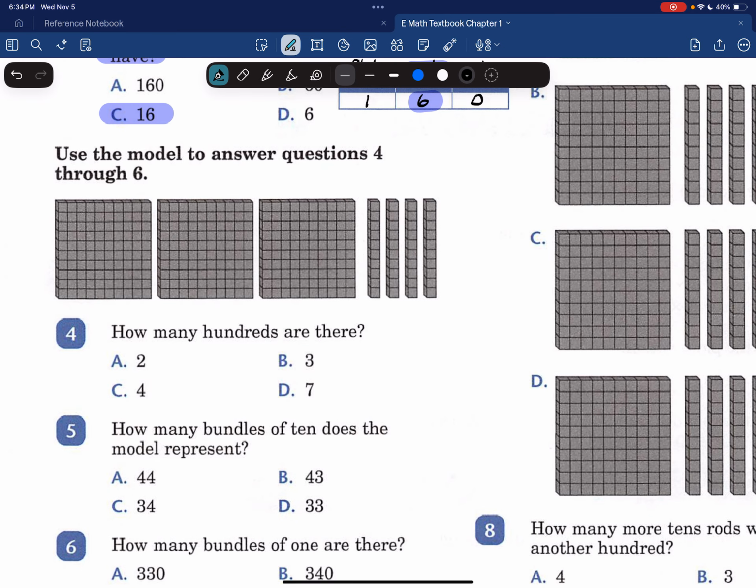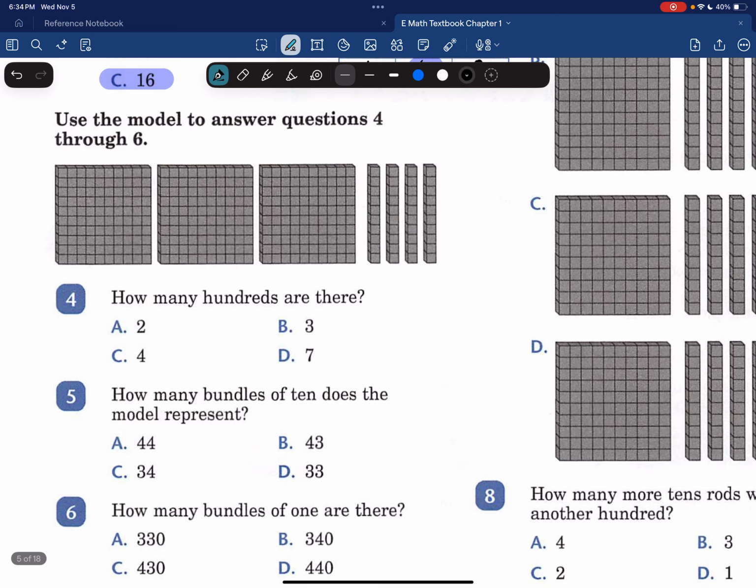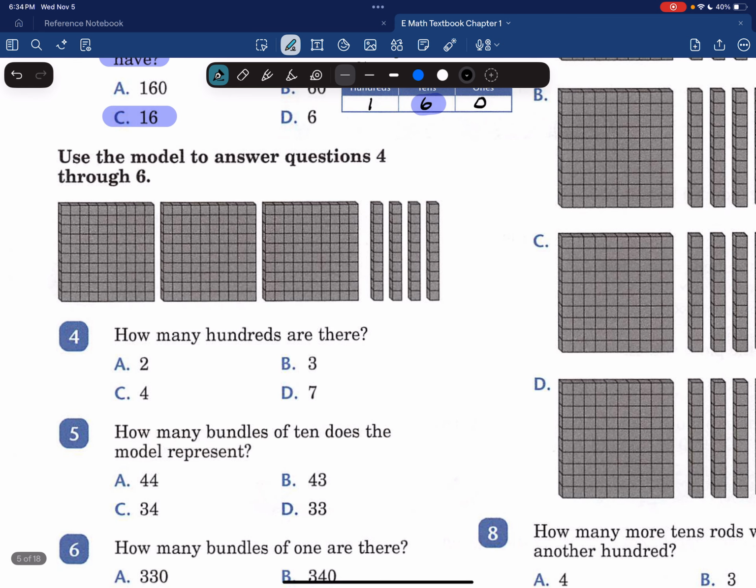Use the model to answer questions 4 through 6. So I'm going to take a minute and just look at my model here. I see that I have 3 flats. That would be 300s. And I have 4 rods. That would be 4 10s or 40.